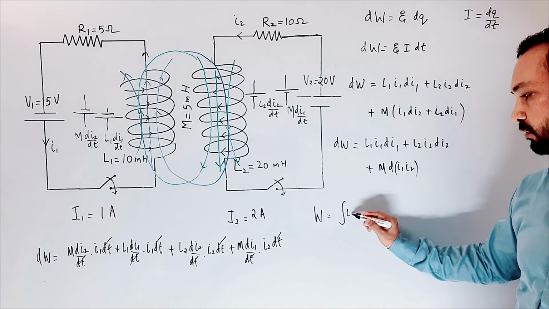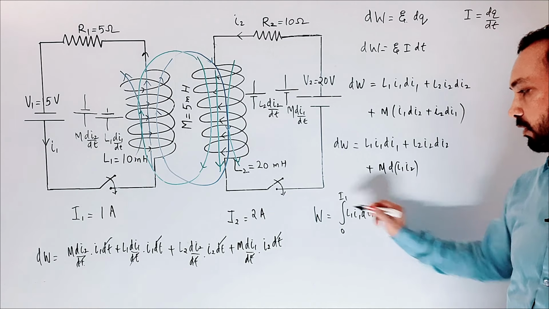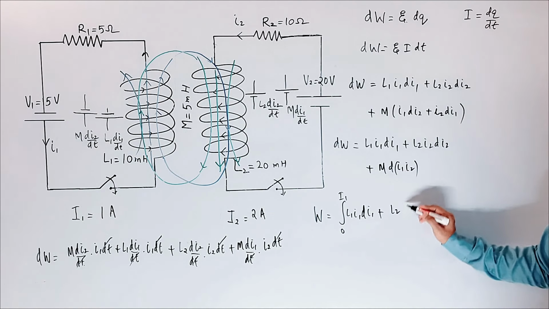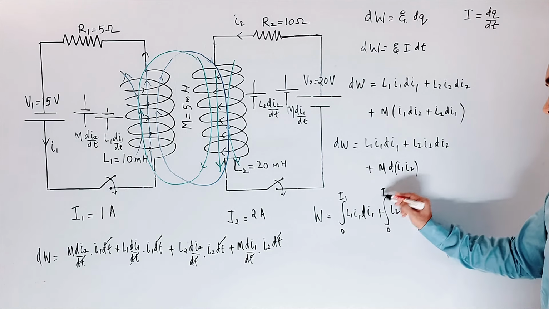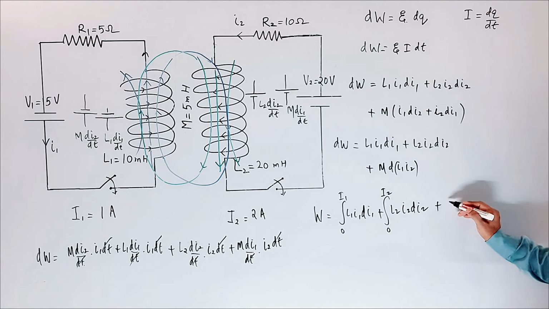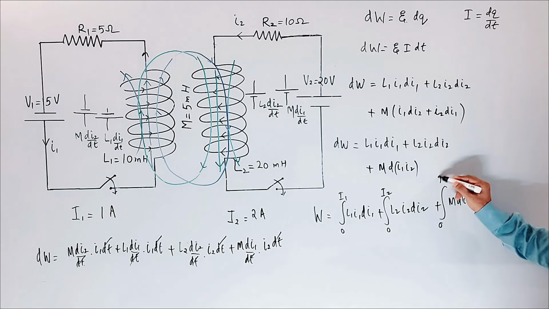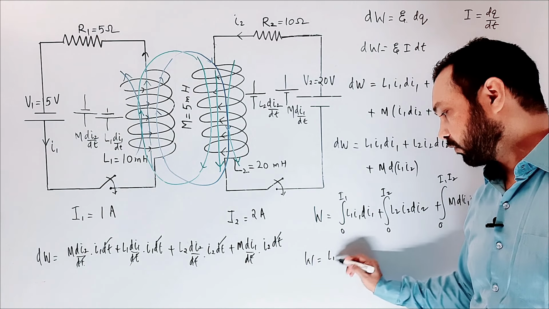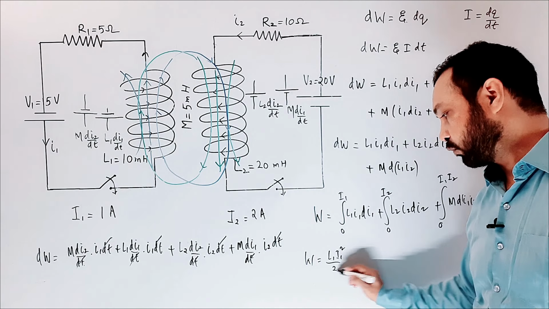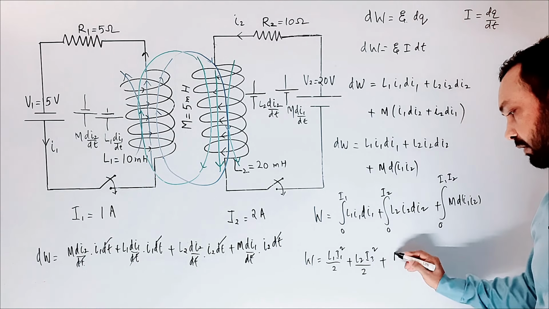If we integrate, L1 I1 di1 from 0 to I1, L2 I2 di2 from 0 to I2, and plus M d of I1 I2 from 0 to I1 I2, the product. Overall it will come to L1 I1 squared by 2 plus L2 I2 squared by 2 plus M I1 I2.